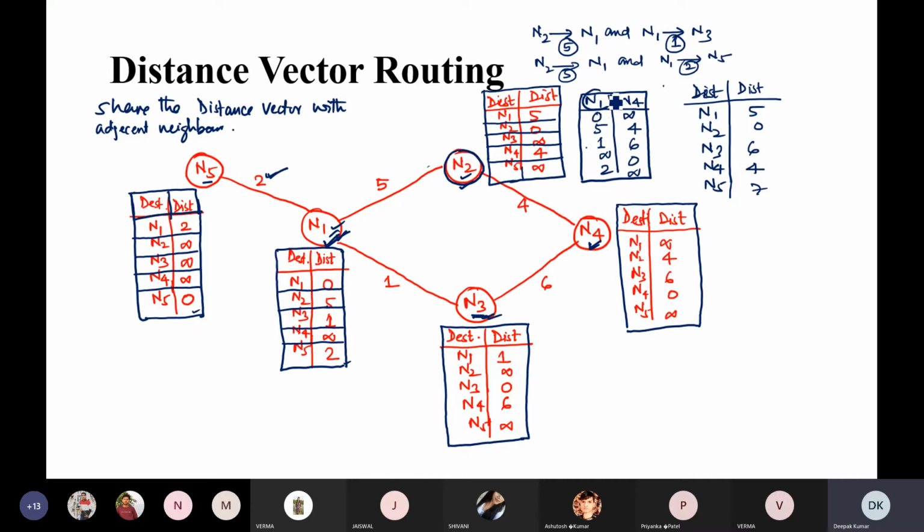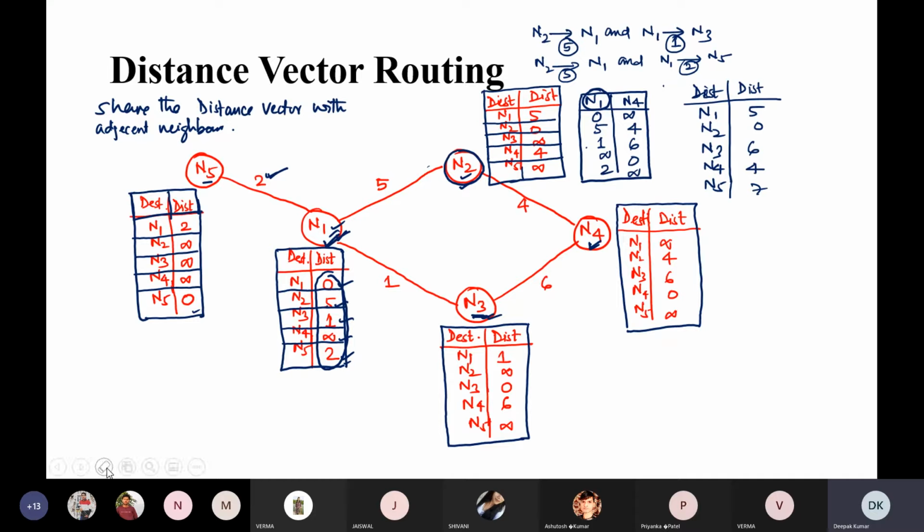Received from N1, it will be 0, 5, 1, infinity and 2. This vector will be shared by N1 and it is received by this N2.